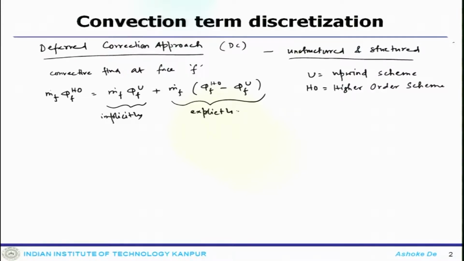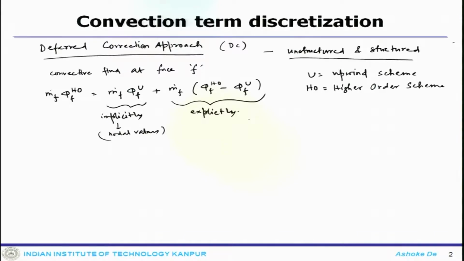The reason the first can be calculated implicitly is that it can be expressed in terms of nodal values, and the other one, the second term on the right hand side, has to be evaluated explicitly, because the latest available phi values from the previous iteration are going to be used in this iterative process.